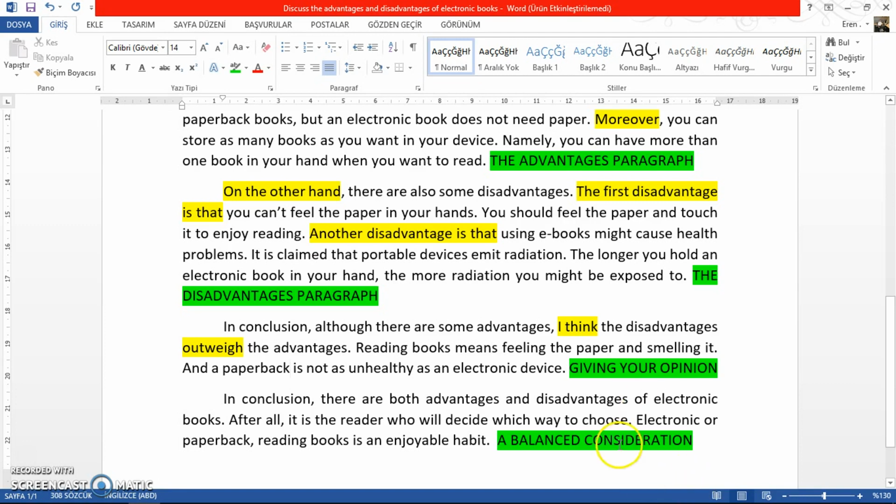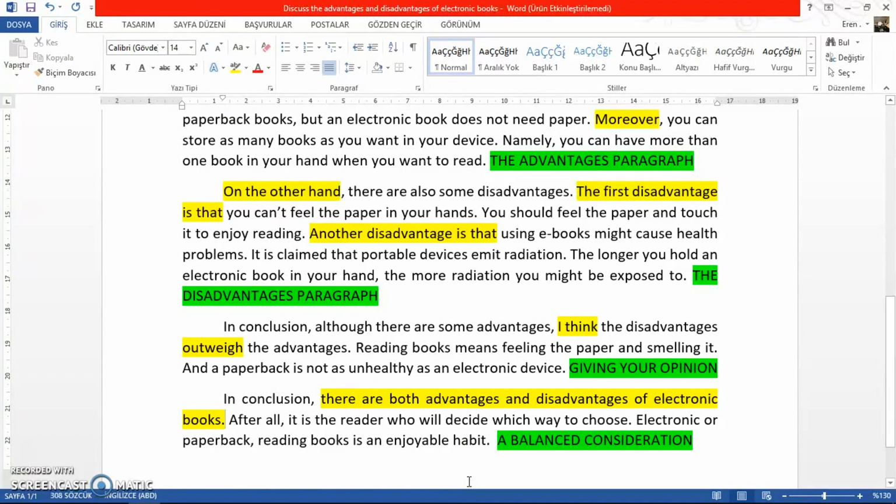Or you can write a kind of balanced conclusion, so we call it a balanced consideration. Again, you start with "in conclusion." This sentence actually, I think, signals balanced consideration better than other sentences. You say there are both advantages and disadvantages for electronic books.